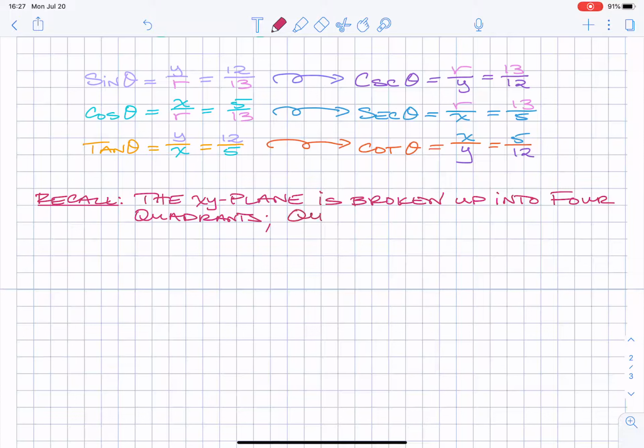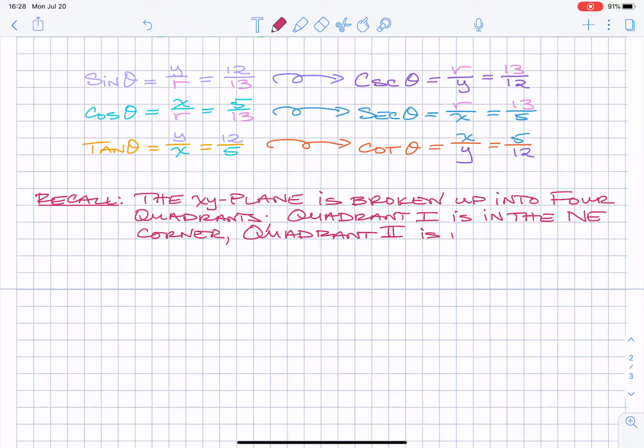Quadrant 1, Roman numeral 1, is in the northeast corner. Quadrant 2, Roman numeral 2, is in the northwest corner.